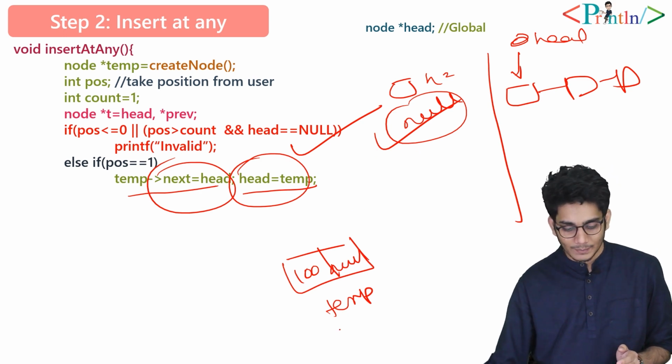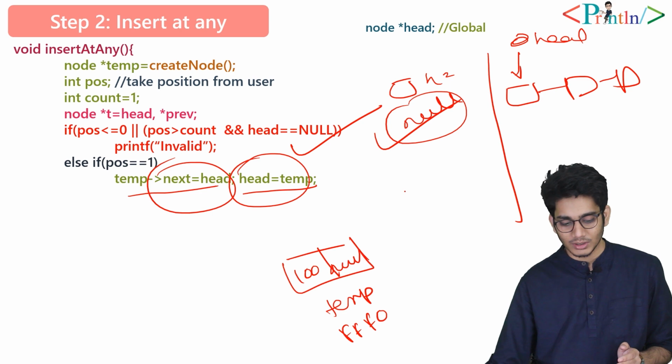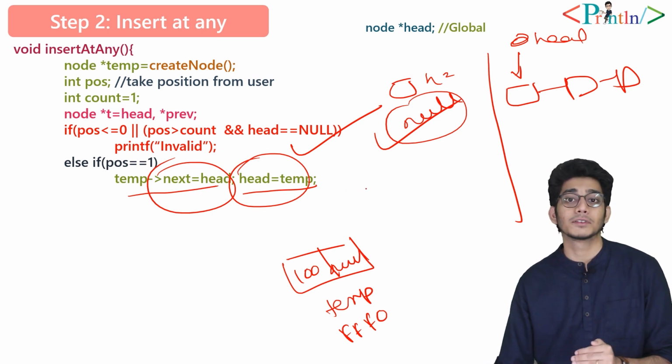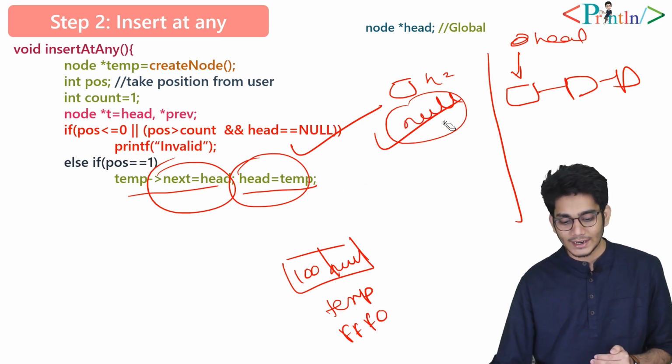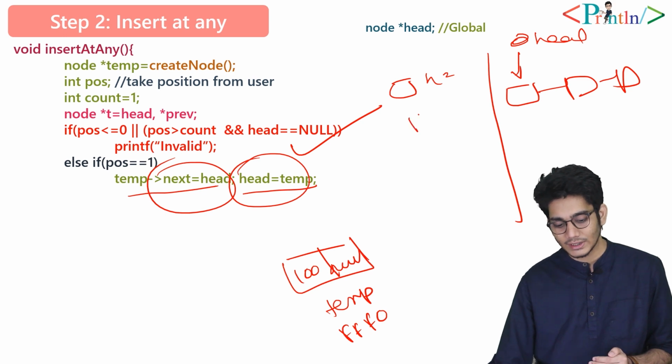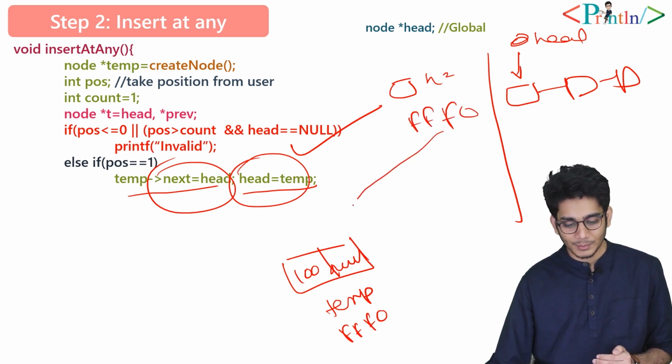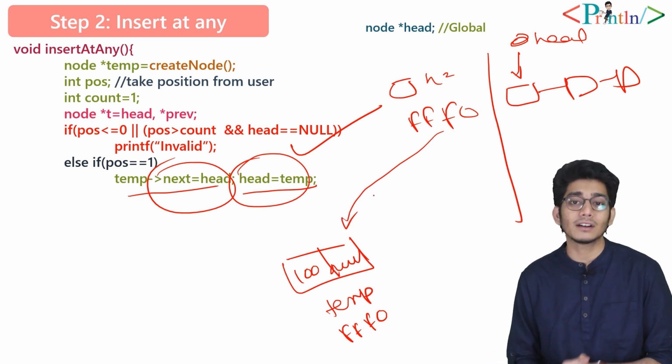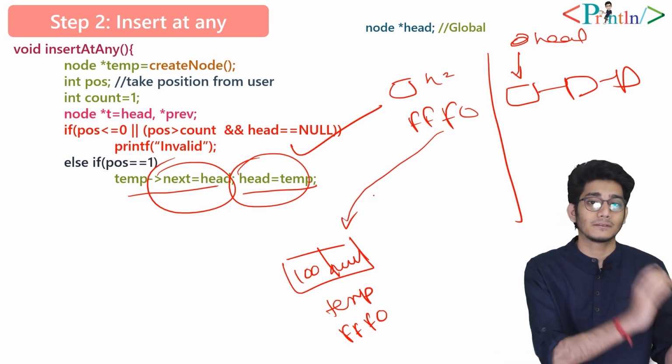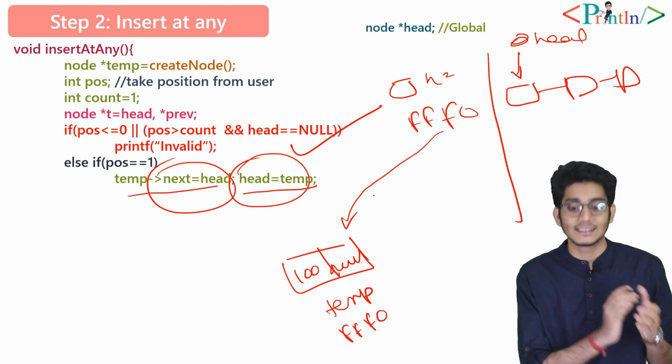Then it has some address, right? Let's say FFF0. Then we'll assign that FFF0 into head. So our head will contain FFF0. Now our head will be pointing to this node. So this is how we can insert an element at the first position when our head is null.